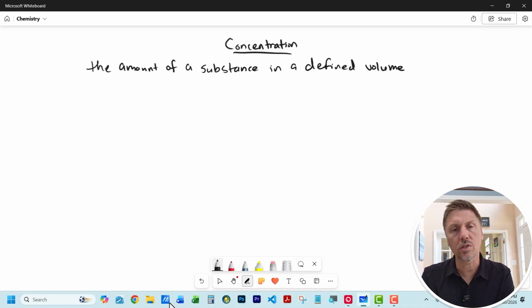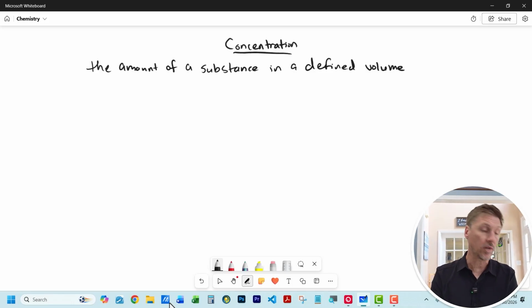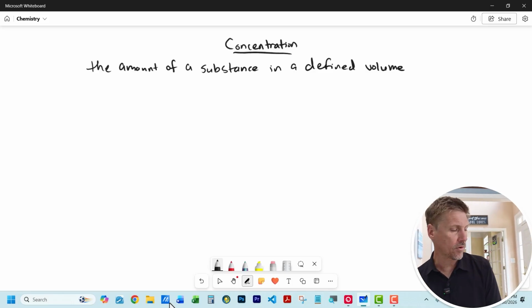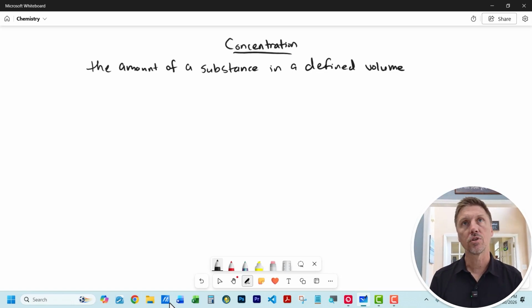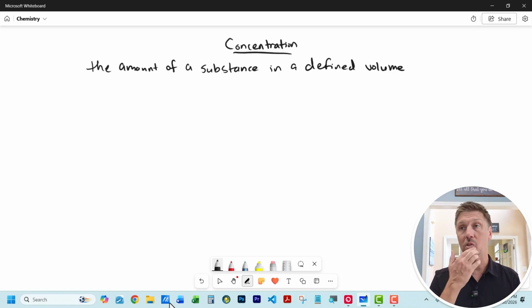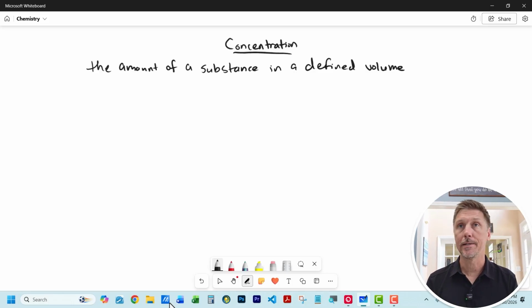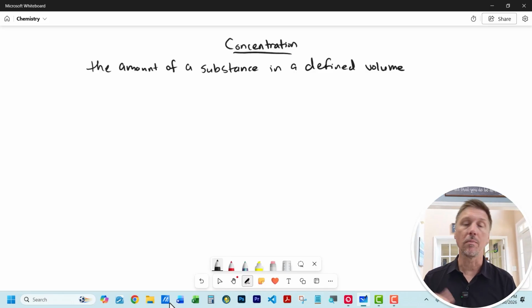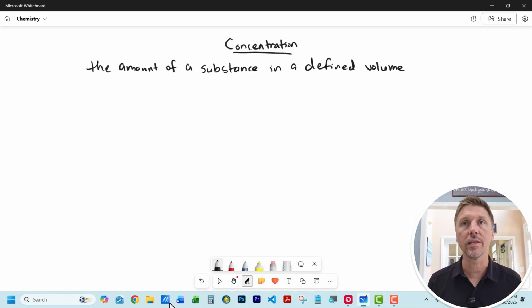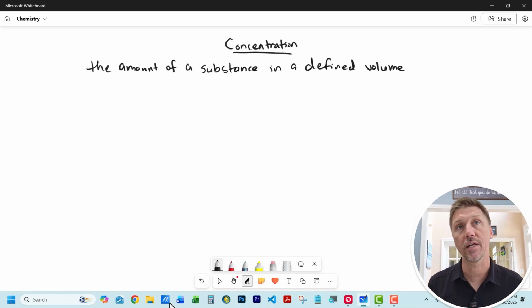And so the reason it's so important that we understand something about concentration is because often the behavior of a chemical depends on its concentration, right? So if you go to the store and you buy some of these chemicals, they are dissolved in water. And so you get it in liquid form, and on the back of the container, or sometimes on the front, it will tell you what the concentration of that liquid is, right?